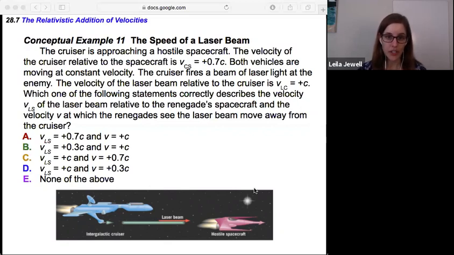The cruiser fires a beam of laser light at the enemy. The velocity of the laser beam relative to the cruiser is VLC equal to plus c. Which of the following statements correctly describes the velocity VLS of the laser beam relative to the Renegade spacecraft and the velocity v at which the Renegades see the laser beam move away from the cruiser?